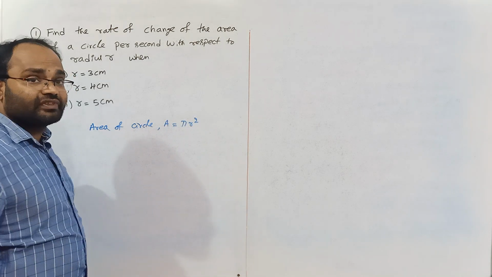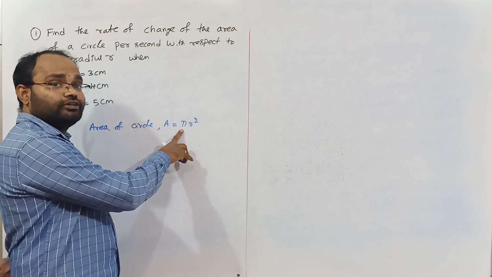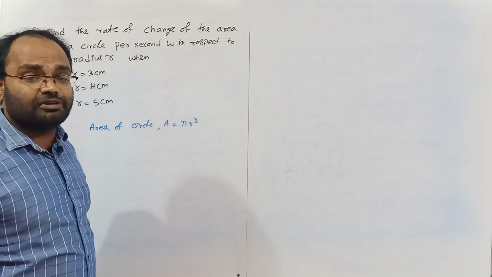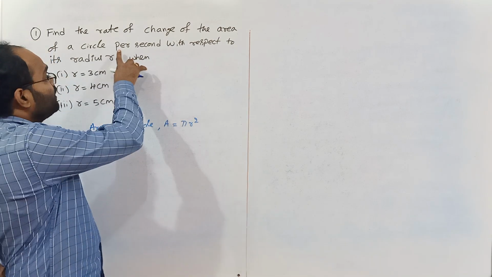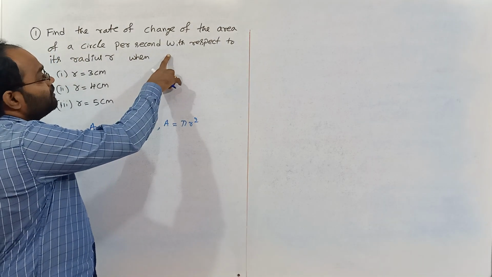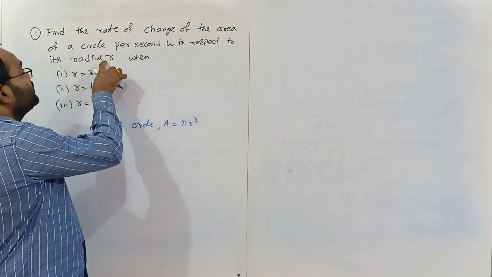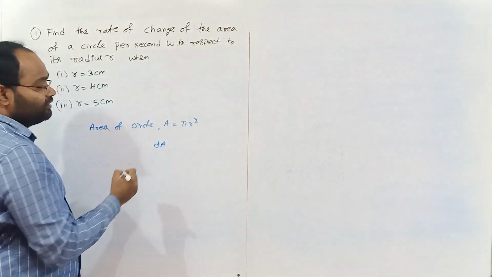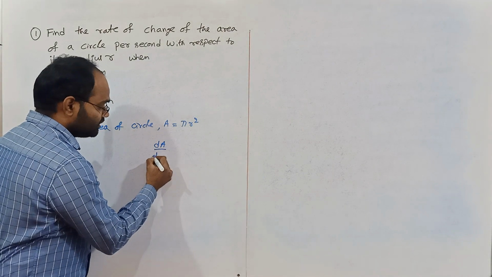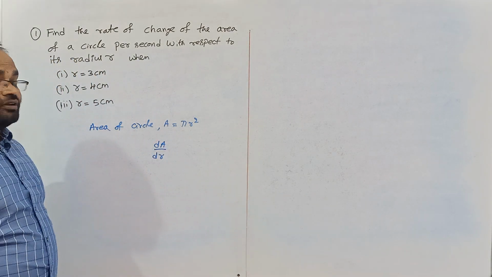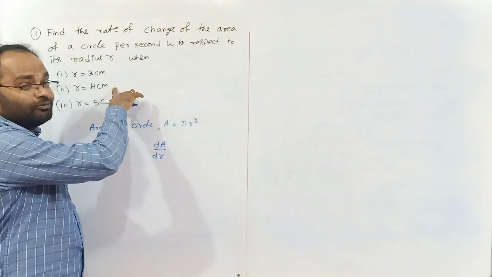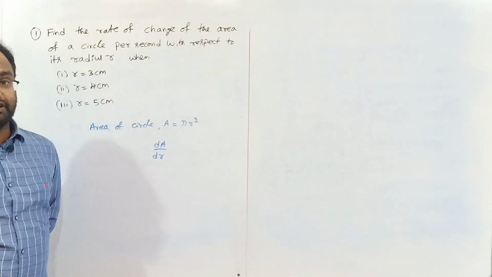We know that. Here, pi is constant, and what does it change with respect to? Area and radius. So radius is the variable. Now we have to find with respect to its radius: rate of change of area, that is dA with respect to its radius dr. We have to find when, in these cases, r is equal to 3 centimeter, what happens; 4 centimeter, what happens; 5 centimeter, what happens.